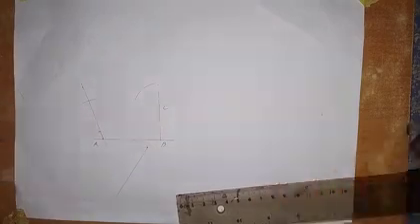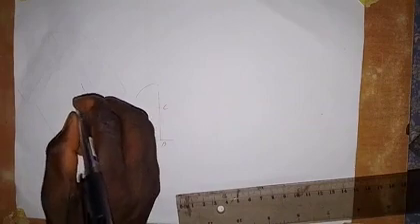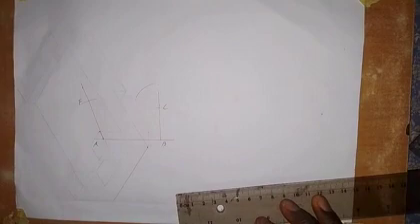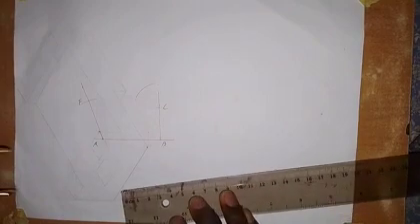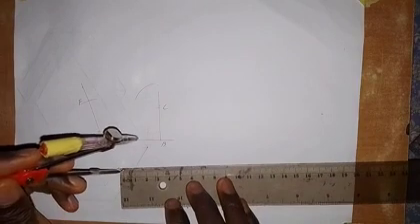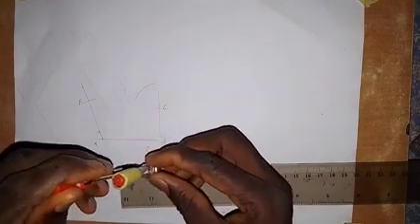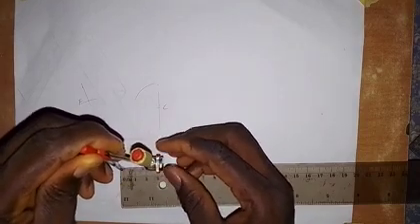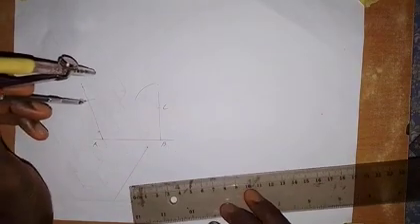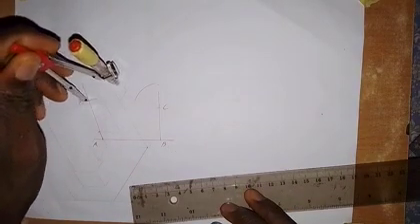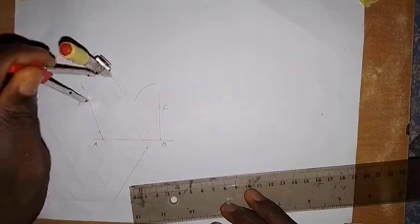So this point is point F. The next is distance EF, which is 30 millimeters. We take 30 millimeters on the ruler with the compass, put it at point F, and draw an arc here.